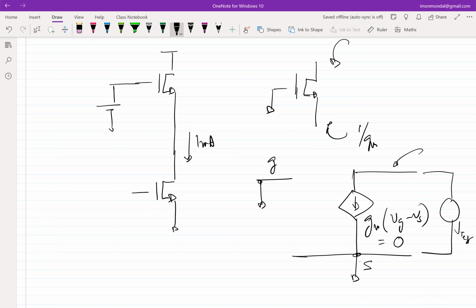So what could I do to ensure that this M2 sinks in 1 milliamp? Well, how should I size M2, assuming it's in saturation? What should I do to the gate?